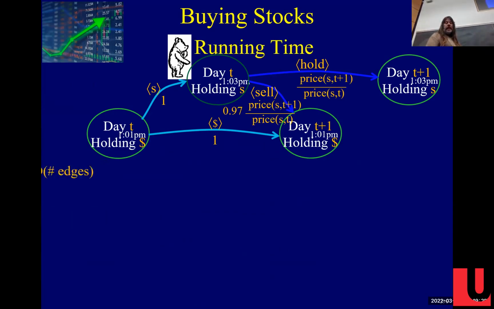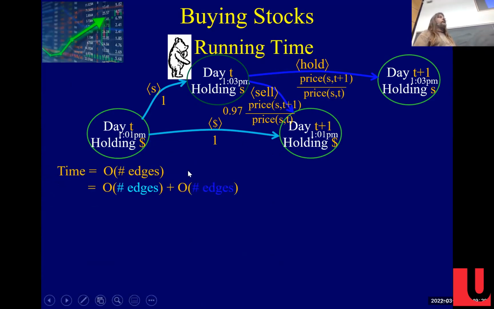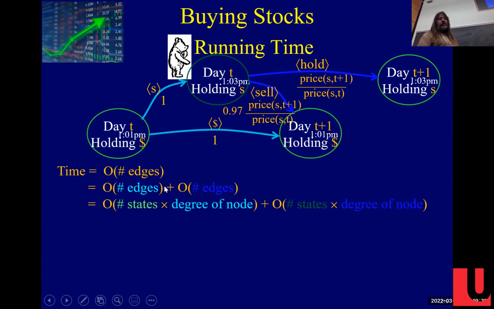And now we want to say how many edges do we have? We have two types of edges, the light blue and the dark blue edges. The light blue edges: here we have just time states, so we have T of these because it's just time, but how many answers can she give?